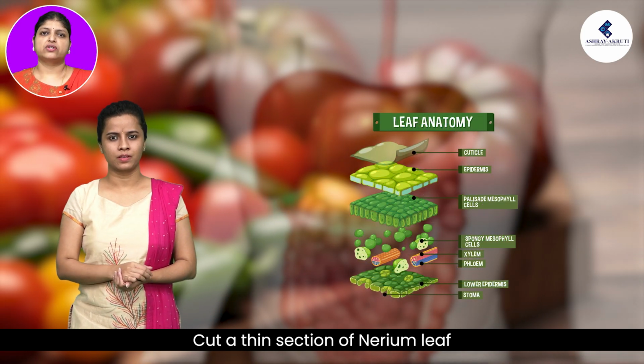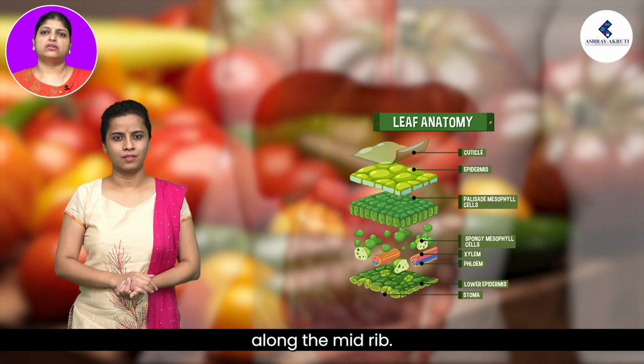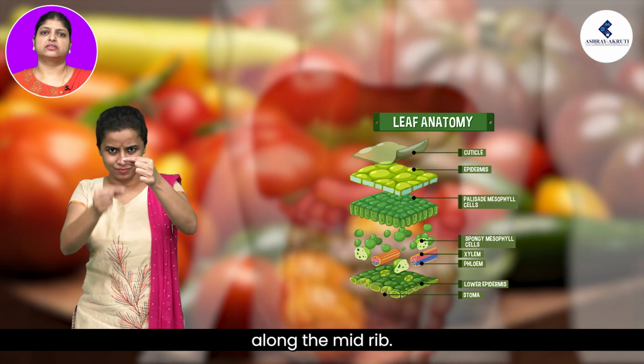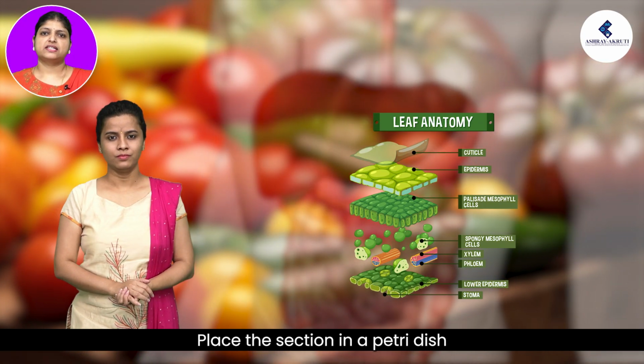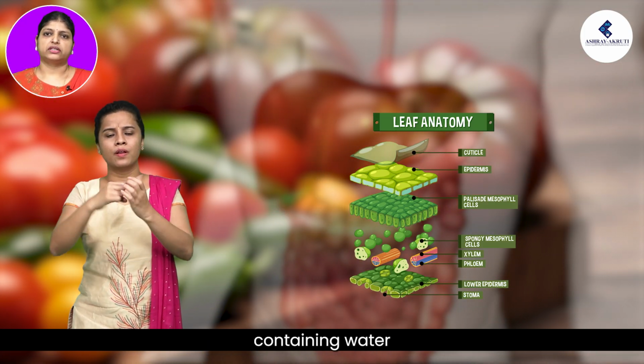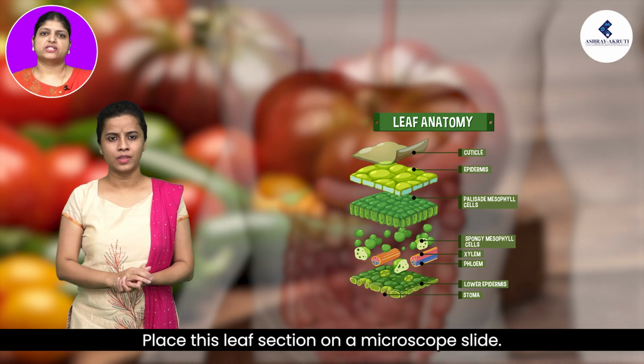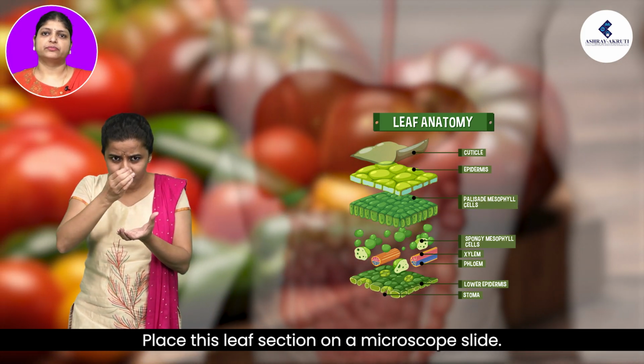Cut a thin section of nerium leaf along the midrib. Place the section in a petri dish containing water. Place this leaf section on a microscope slide.